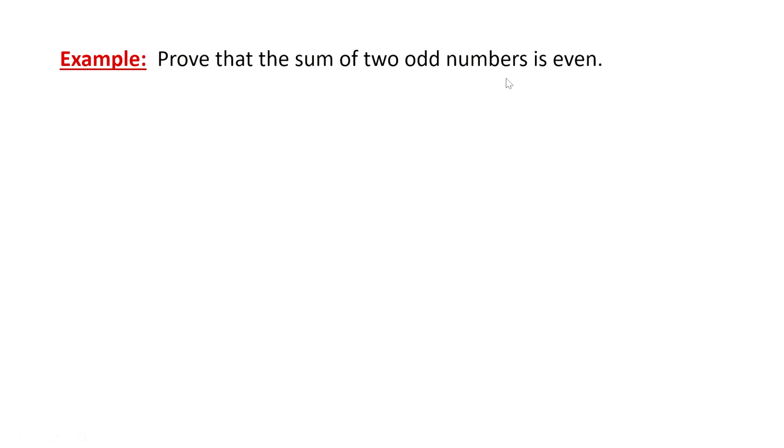But what do we have to start with? We're going to have to start with these 2 odd numbers. So our if part here is going to be A and B are odd. I went ahead and threw some symbols on because we're actually not going to be able to do this problem or write this proof if we don't have symbols representing our 2 numbers. Then we can actually write out that sum, and that sum right there would be A plus B, and we need it to be even.